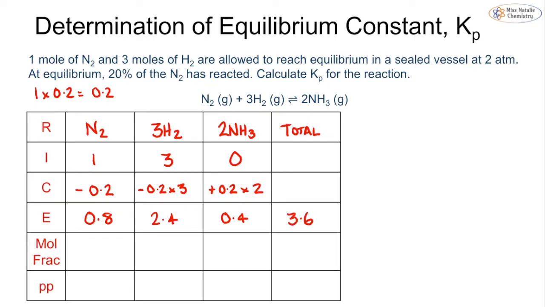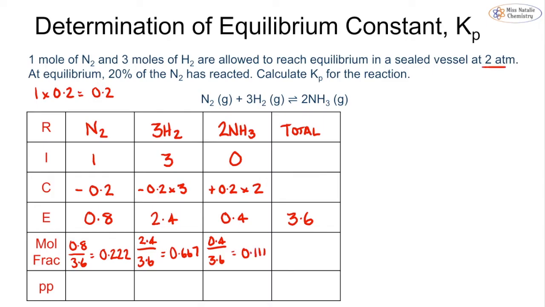I can then do my mole fractions. So I have 0.8 over 3.6, which is equal to 0.222. I have 2.4 over 3.6, and that's 0.667. And the 0.4 divided by the total moles gives you 0.111.